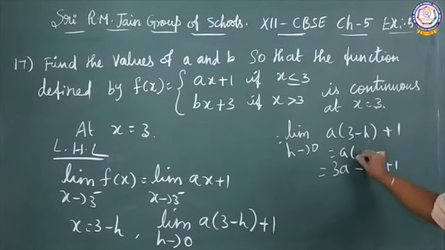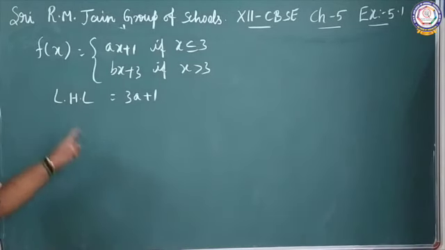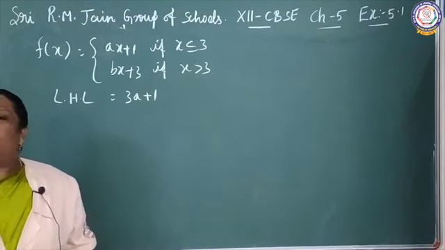It gives a into 3 minus 0 plus 1, which is 3a plus 1. So the left hand limit is 3a plus 1.